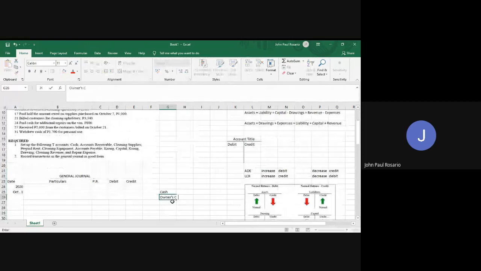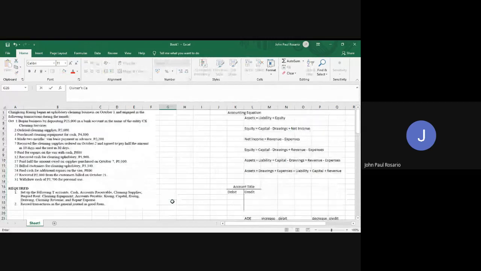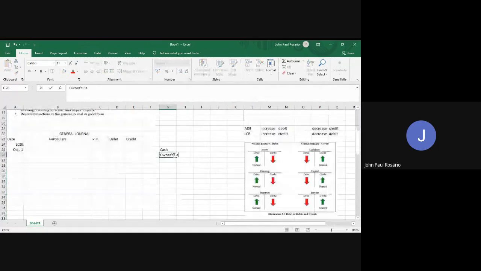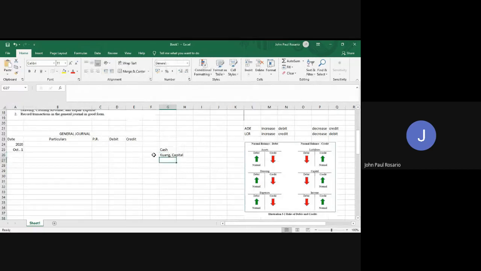But who is the owner here? Jing Kong Kwang. So for our owner's capital, we add the owner's surname or name: Kwang, comma, capital. Same with owner's drawings: Kwang, comma, drawings. So, cash.